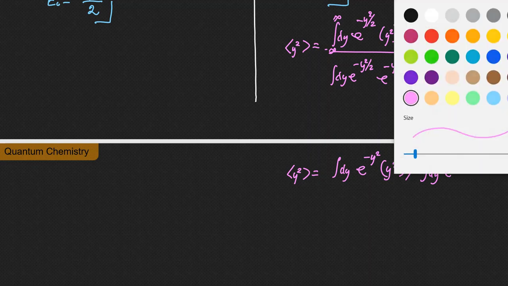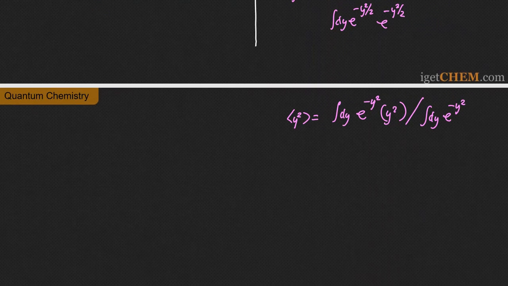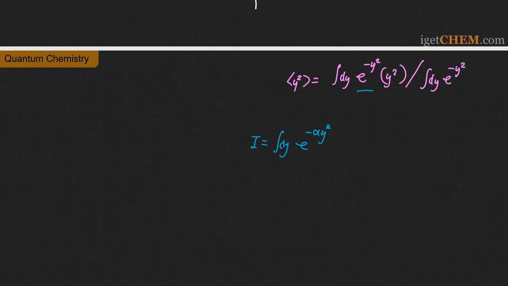So we need to do that integral. You can do it fairly easily if, instead of taking that Gaussian, you think of it as the integral of e to the minus some alpha times y squared. Let's consider that integral. I'll call it I. That integral is defined to be that, and it's obviously a function of alpha. So what I can do is take the derivative of I of alpha, where y goes from minus infinity to plus infinity.